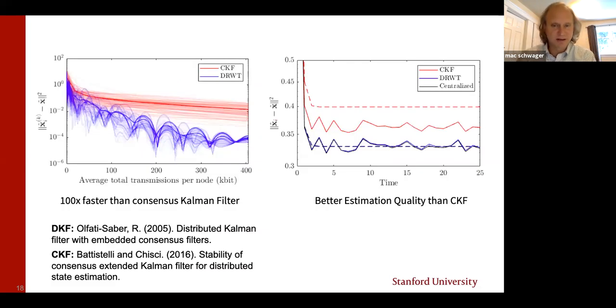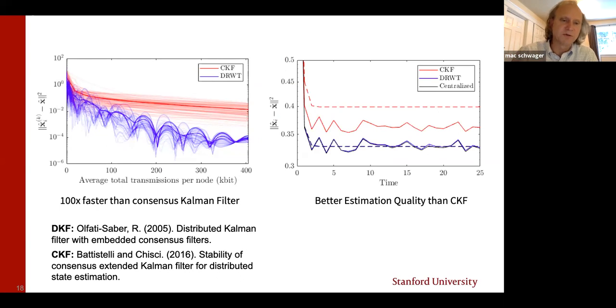Now, how about comparison with other existing algorithms? Our algorithm is not the only one out there to do distributed multi-target tracking. There are a lot of algorithms, and in fact, all the best ones that we're aware of are built on a Kalman filter architecture. So basically you say, if I had one centralized estimator, I would use a Kalman filter to solve for the target position. Great. Now, how do I distribute that Kalman filter?